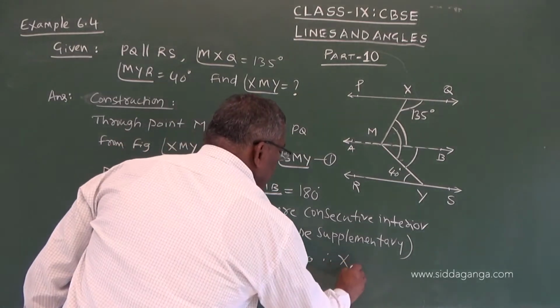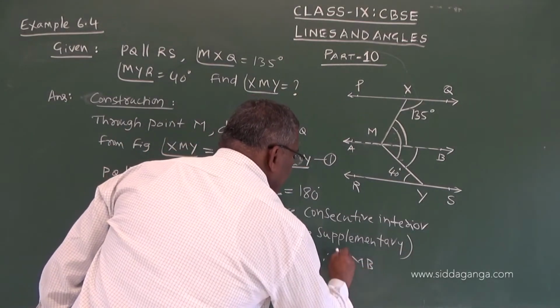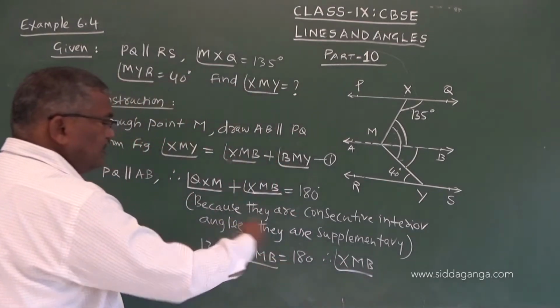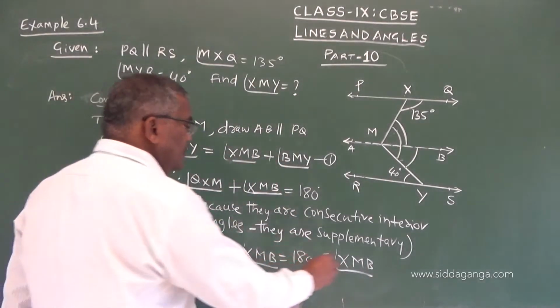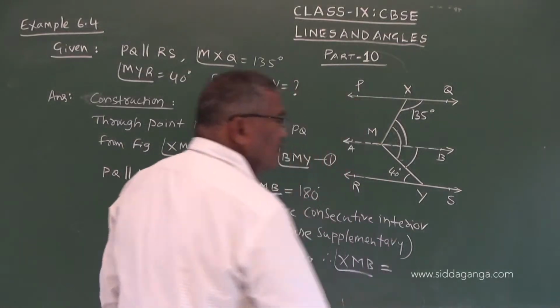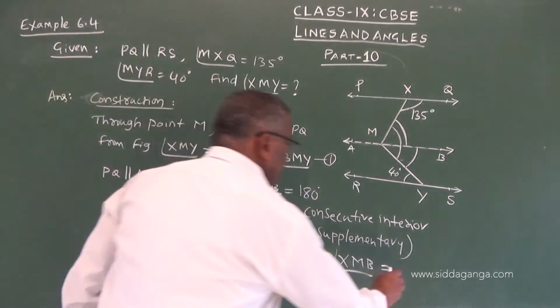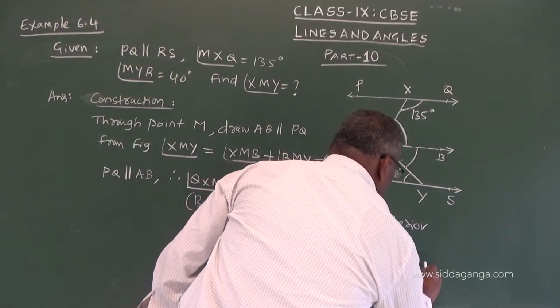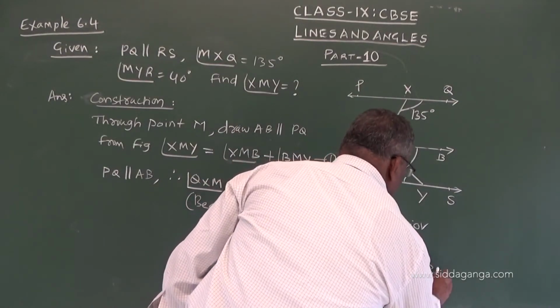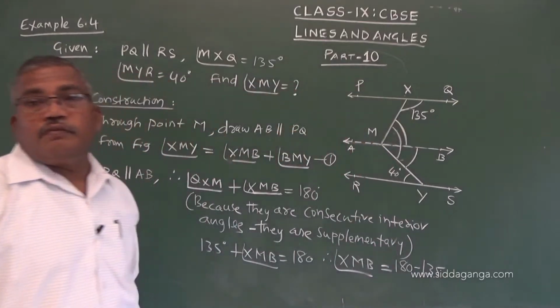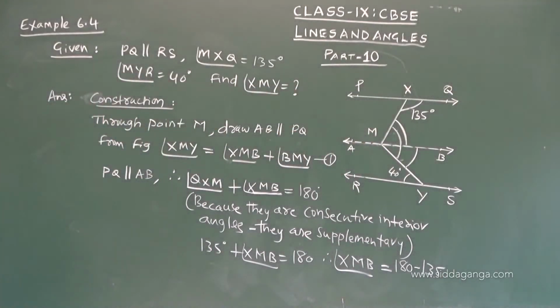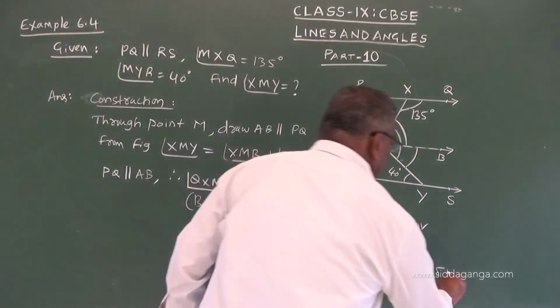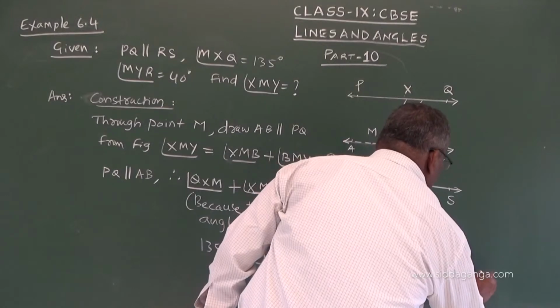So therefore XMB equals 180 minus 135. So this is 45 degrees.